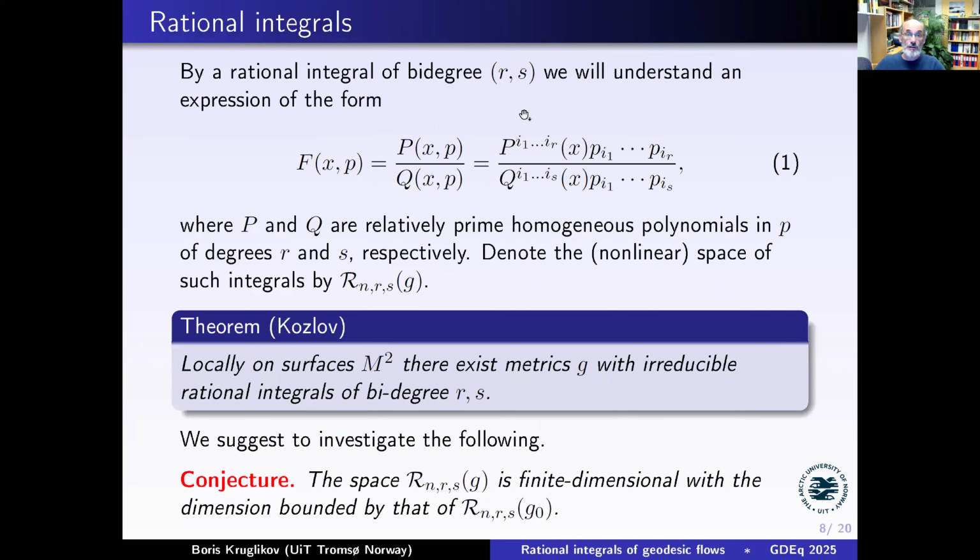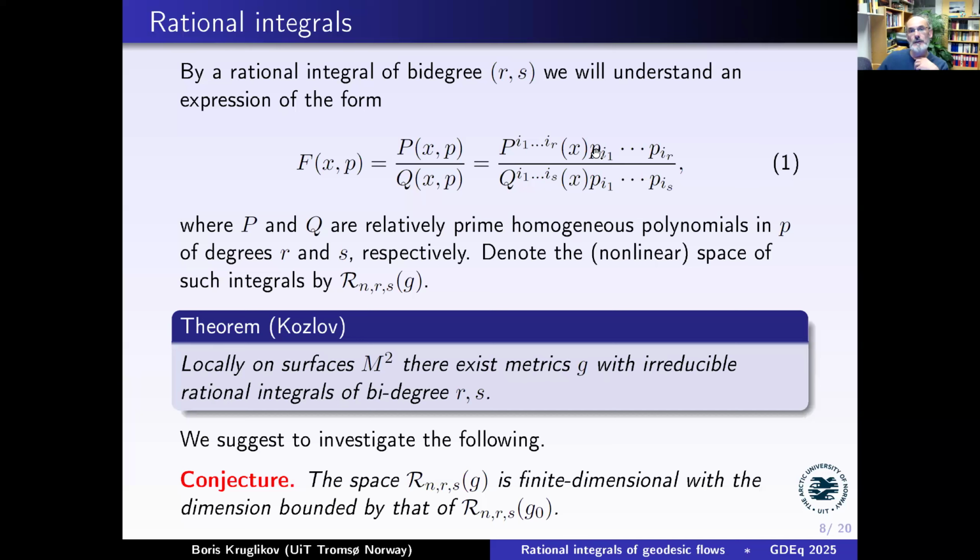And the first expansion, which is very reasonable, is to keep algebraicity, that is rational. So a rational integral of bidegree r, s is a ratio of two polynomials. When we say polynomial, we just refer to the momenta coordinate p. So in p it is polynomial, and x comes through in a smooth way through coefficients, or in an analytic way.